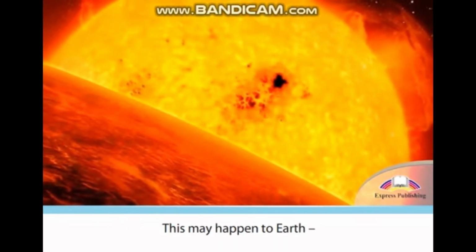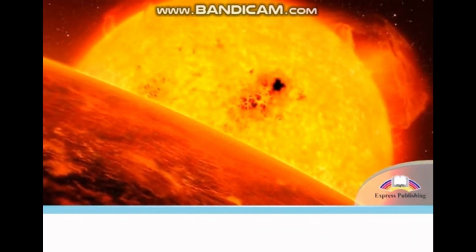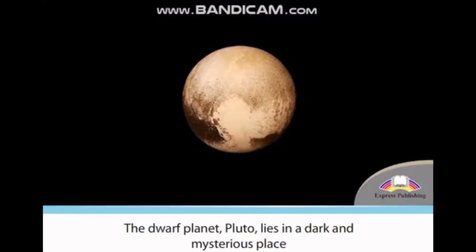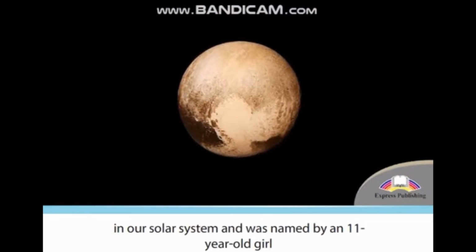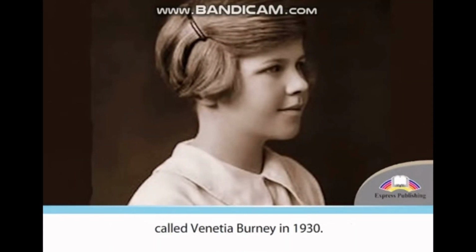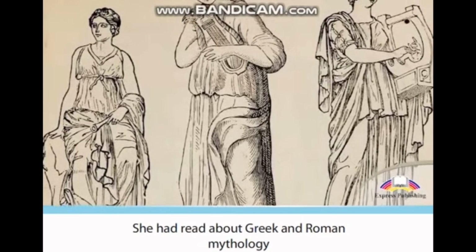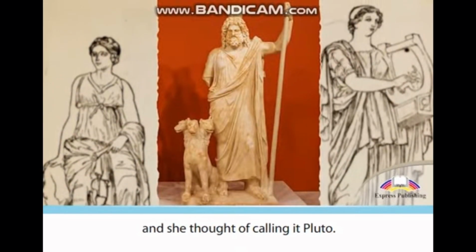This may happen to Earth, but not for another 5 billion years or so. The dwarf planet Pluto lies in a dark and mysterious place in our solar system and was named by an 11-year-old girl called Venetia Burney in 1930. She had read about Greek and Roman mythology, and she thought of calling it Pluto.